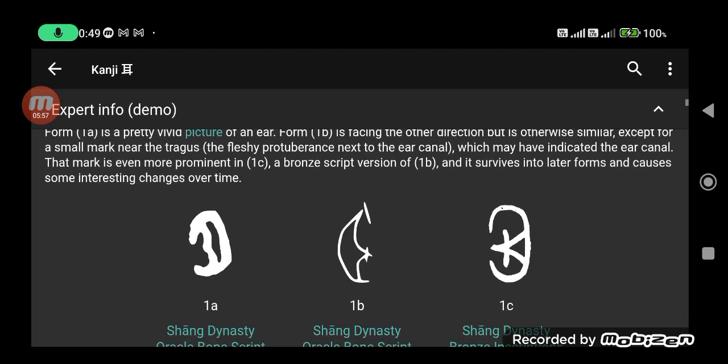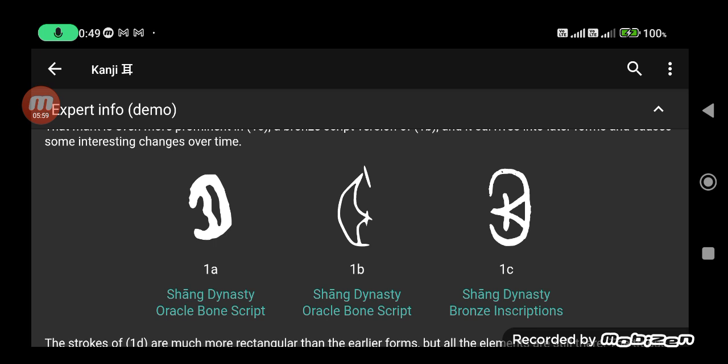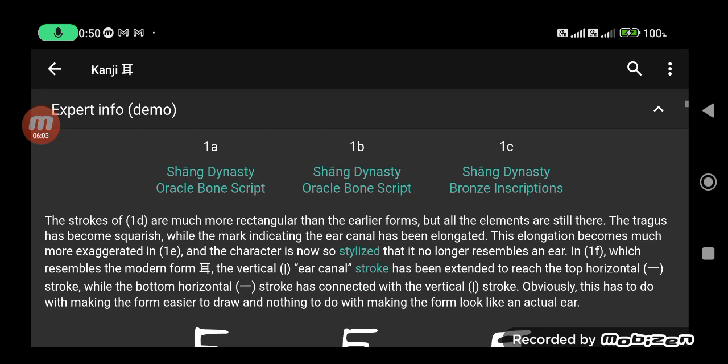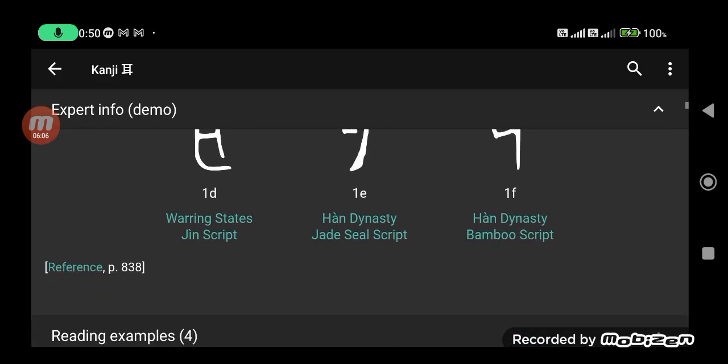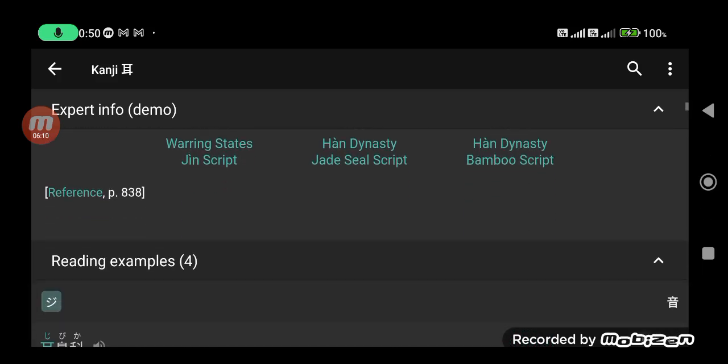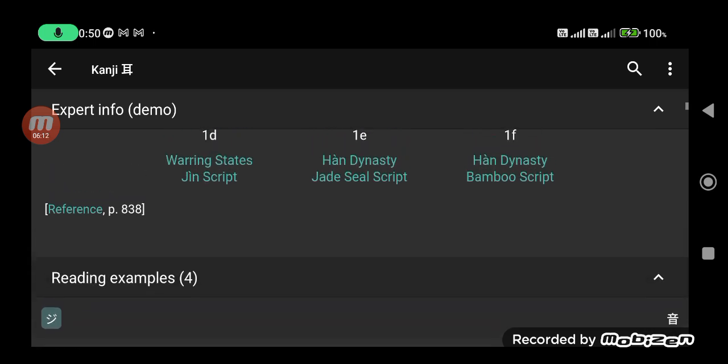As I have said, it started from the Shang Dynasty, figure 1A and then figure 1B. You can screenshot it or pause the video. Even in live you can pause.